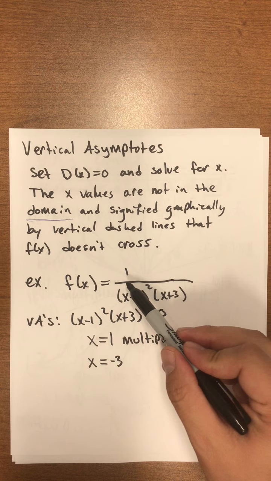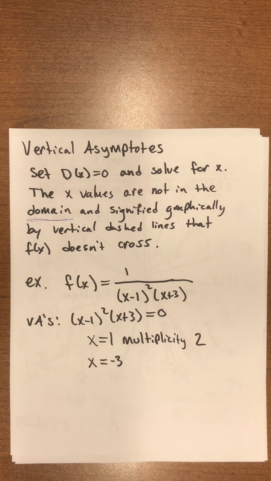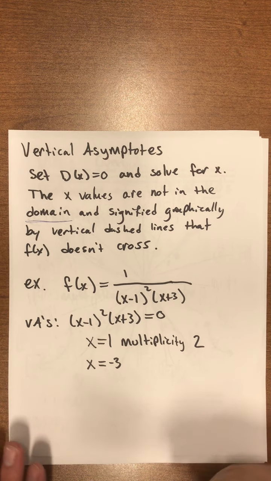So this function, 1 over the quantity x minus 1 squared times x plus 3, in the denominator, has VAs at x equals 1 and x equals negative 3. So on the graph, the function cannot cross these vertical lines, otherwise we would be causing division by 0.